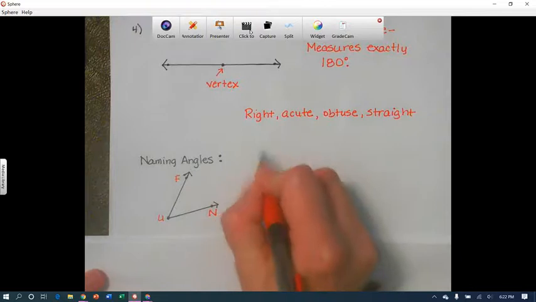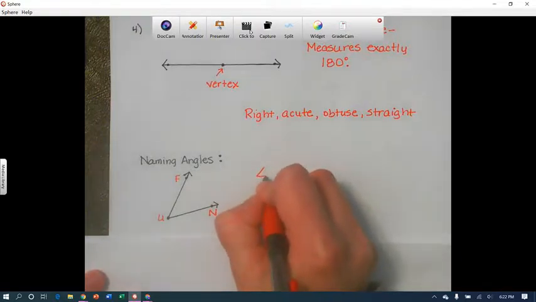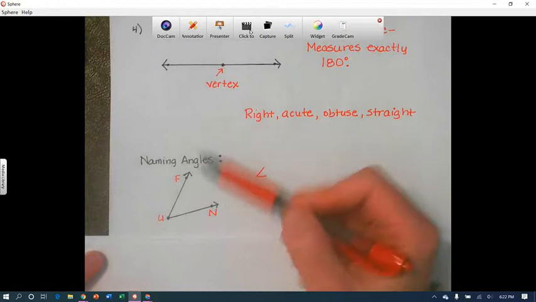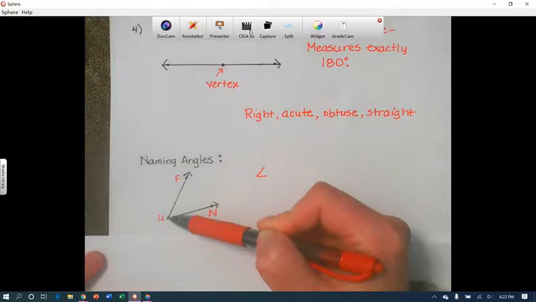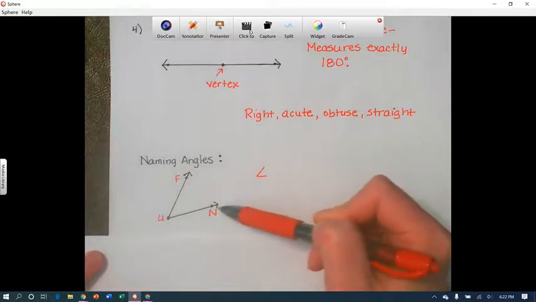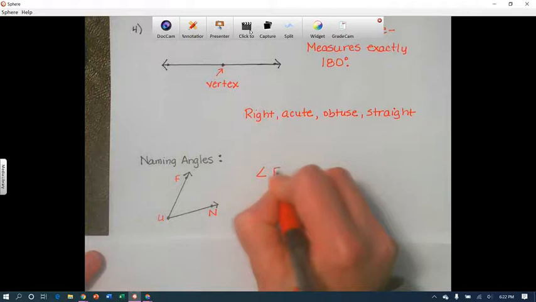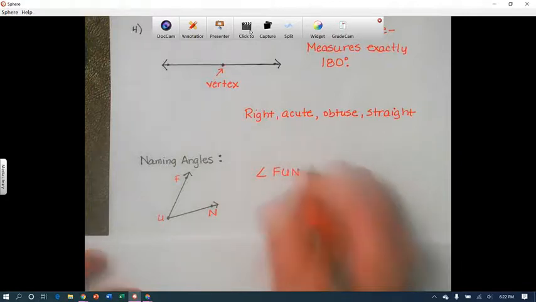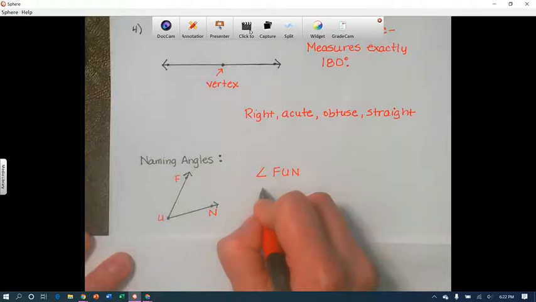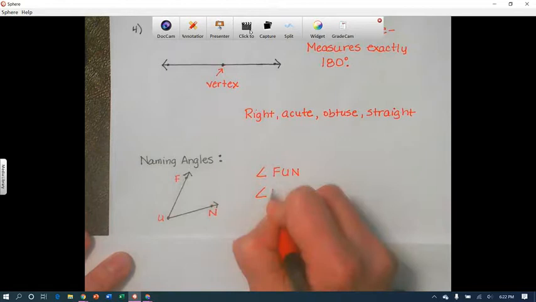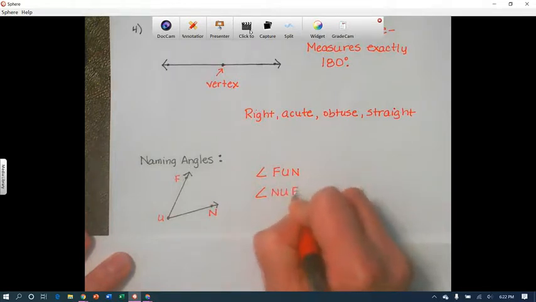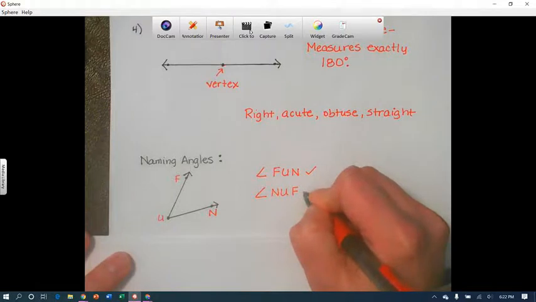And I'm going to use this symbol. That means angle. I could start over here at this ray, start at point F, then go to the vertex of U, and then around to N. So it could be angle F, U, N. Angle fun. Or I could start over here at point N and go in the other direction. So it could be angle N, U, F.